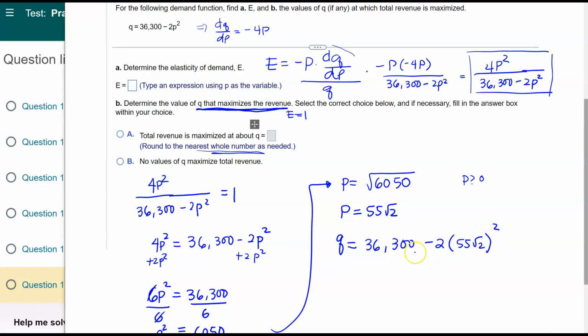Let's plug this into our calculator. I got 2,200, so 24,200. This is the value of Q that maximizes the revenue.